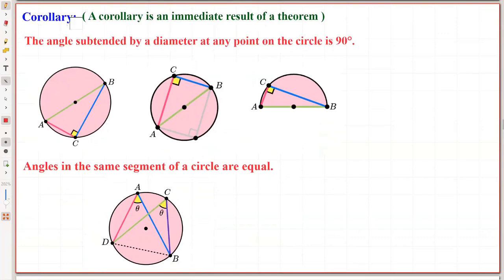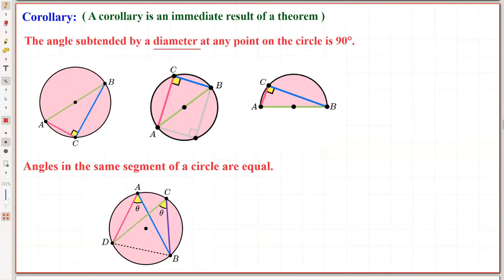Okay, next one is the corollary. A corollary is an immediate result of the theorem. Here, first one: the angle subtended by a diameter at any point on the circle is 90 degrees.